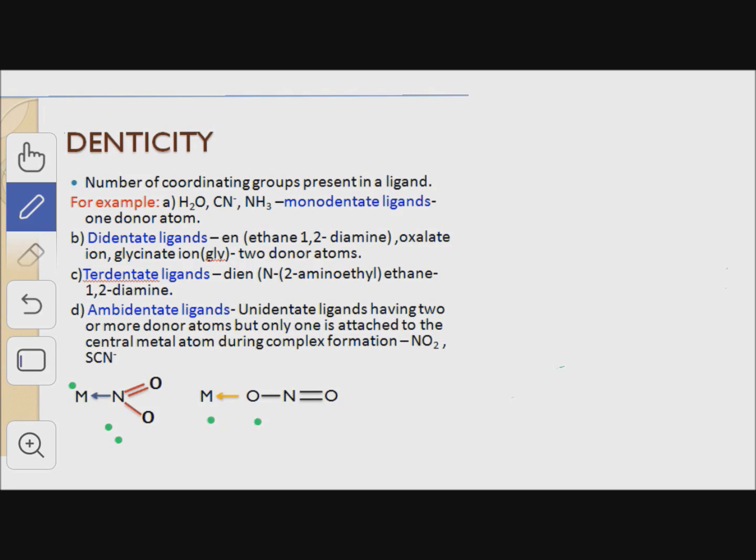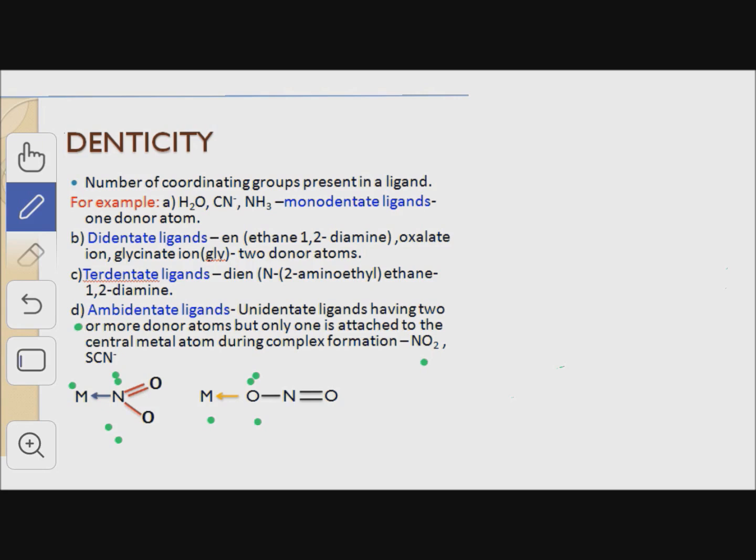It has two donor atoms, one is oxygen and one is nitrogen, but only one donor atom is attached at a time with the central metal atom, and NO2 has two sides for making the coordinate bond with the central metal atom. One is oxygen and the other one is nitrogen, and this is called an ambidentate ligand.